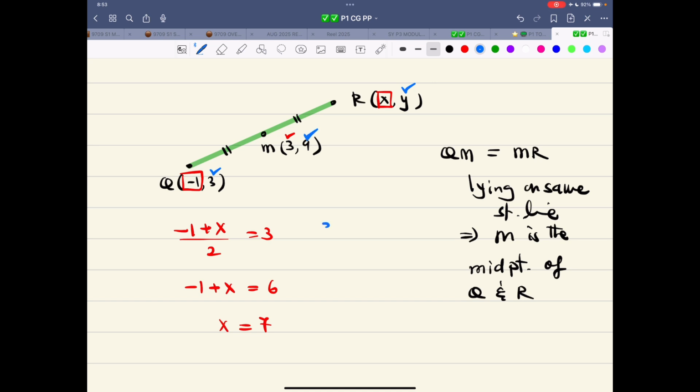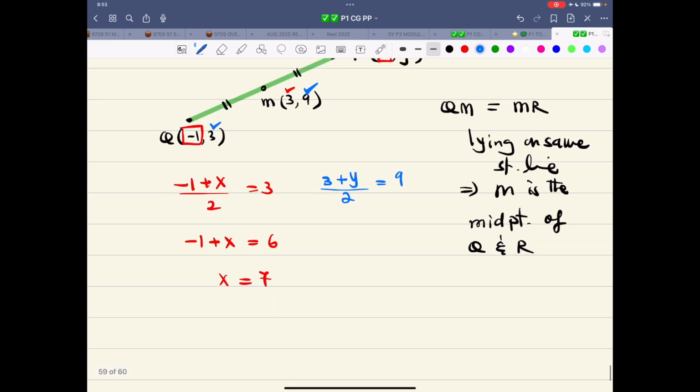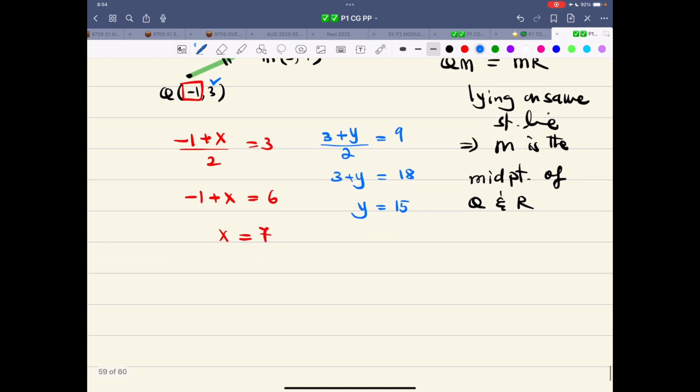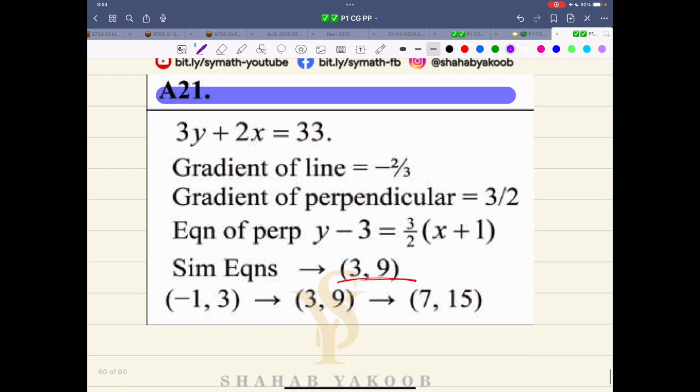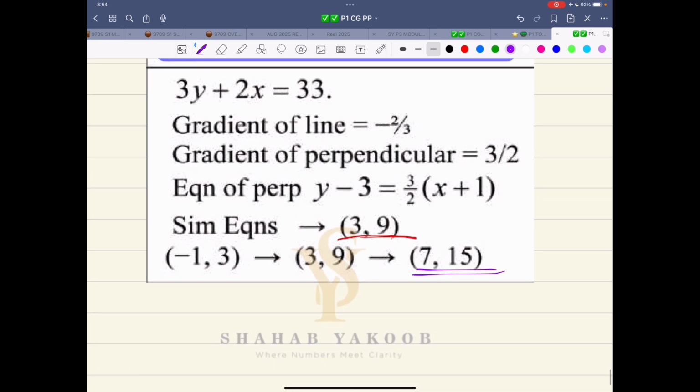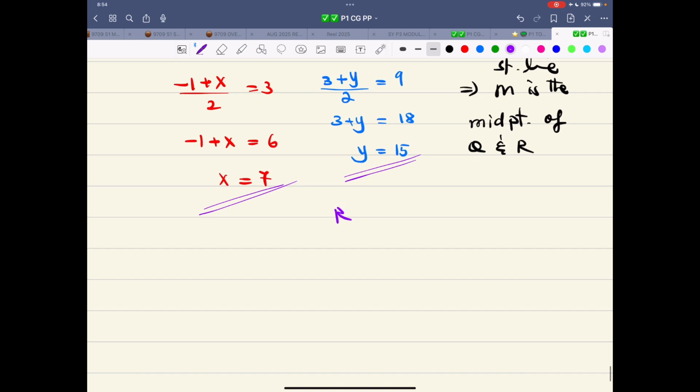So therefore, 3 plus y divided by 2 equals 9. 3 plus y is equal to 18. Y comes out to be 15. So we have 7 and 15, and that is the answer right over here. So the coordinates of R is 7 comma 15.